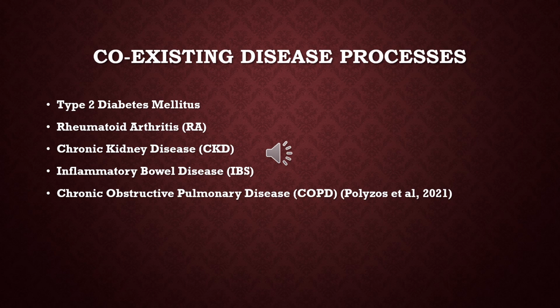Lastly, chronic obstructive pulmonary disease is characterized by airflow limitation, again, chronic inflammation, and structural changes in the airways and lungs. This systemic inflammation, along with oxidative stress and physical inactivity associated with COPD, can contribute to bone loss and muscle wasting.